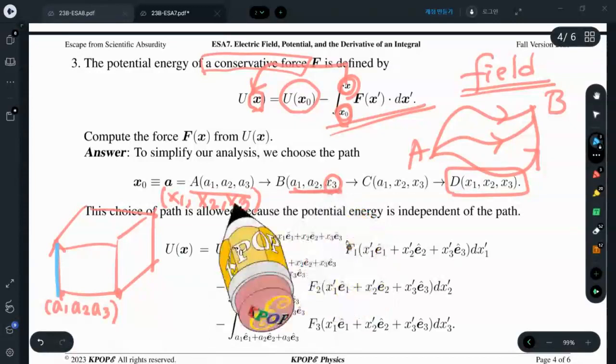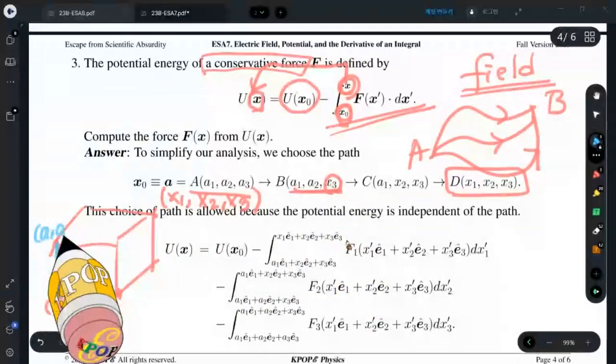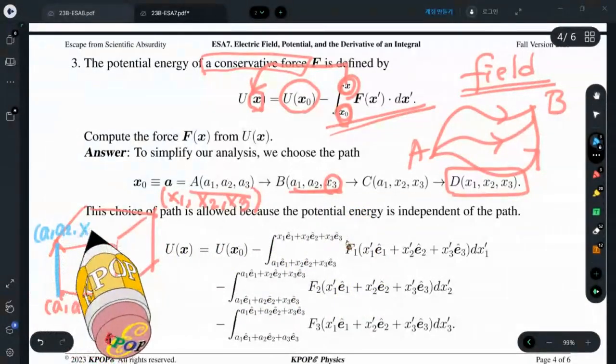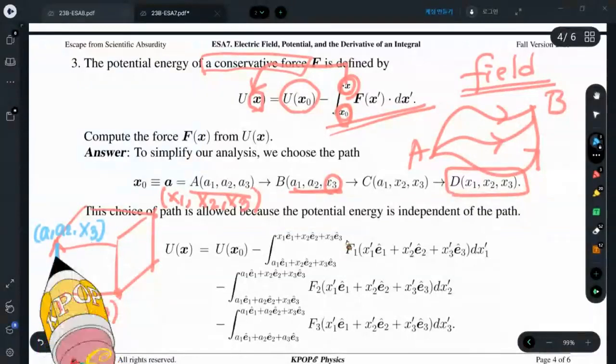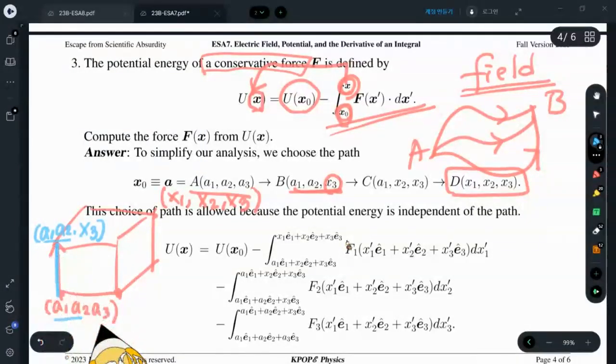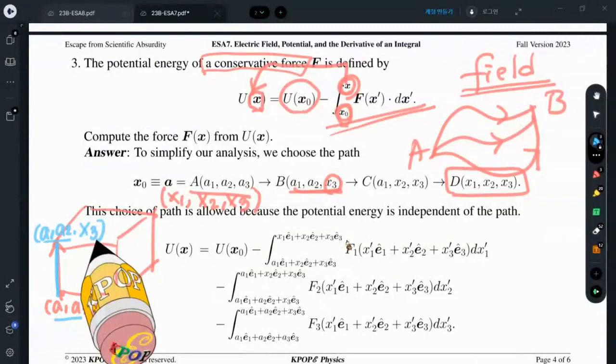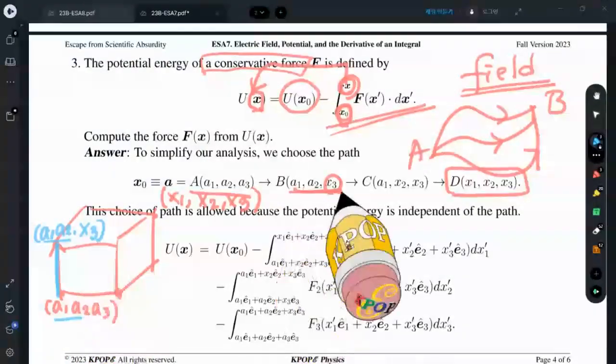This is the first path. This is A1, A2, and X3. So these two values are constant, but I vary the Z component from A3 to X3.